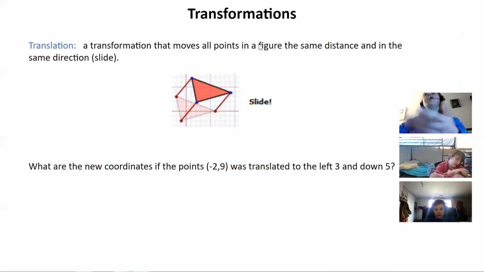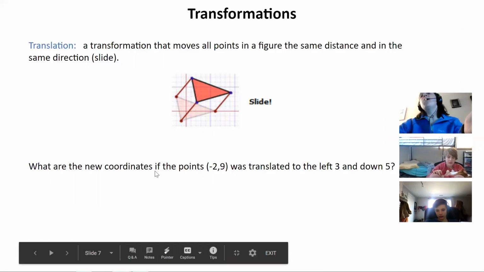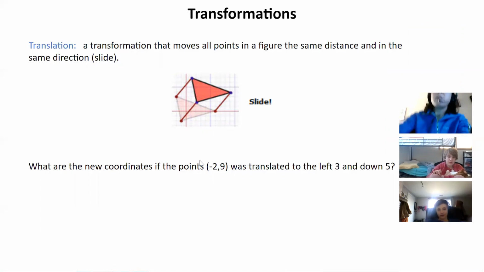What do you guys think we should do? First thing, just to help this problem get infinitely easier, what's the first thing we should do? If we're given a point on the coordinate plane, draw it. Yeah, you're totally right. Draw it out, my friend. It will help so much.